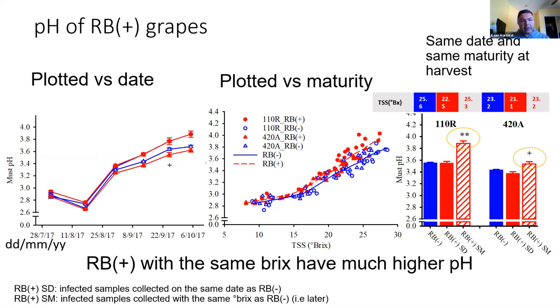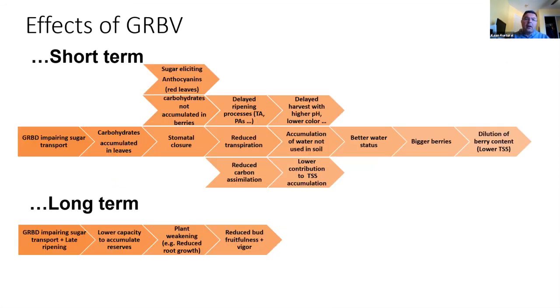So this is the plant and berry response from a physiological point of view that cascaded through the photoassimilate sink response on the grapevine plant. This is the chain of events that we have identified. The effect of grapevine red blotch disease in the short term is impairing sugar transport.